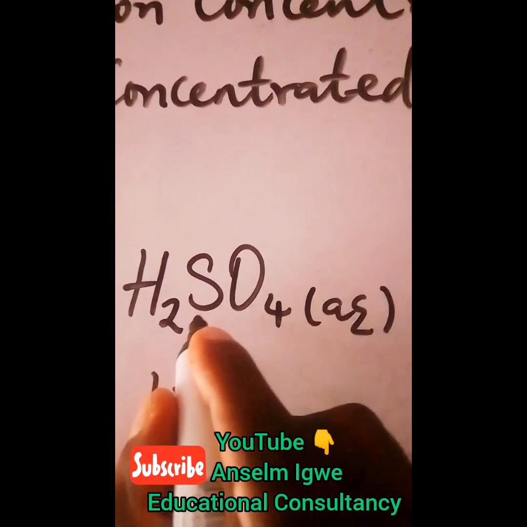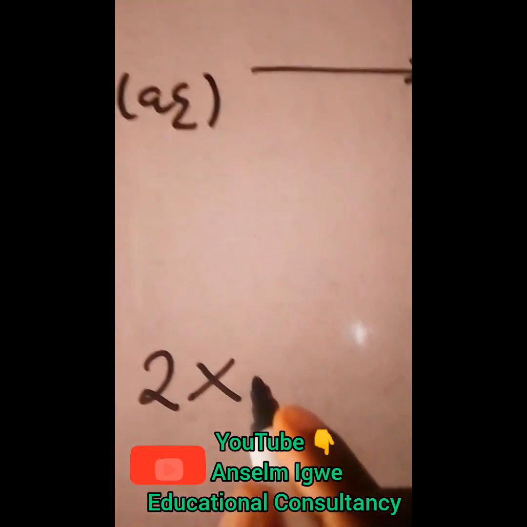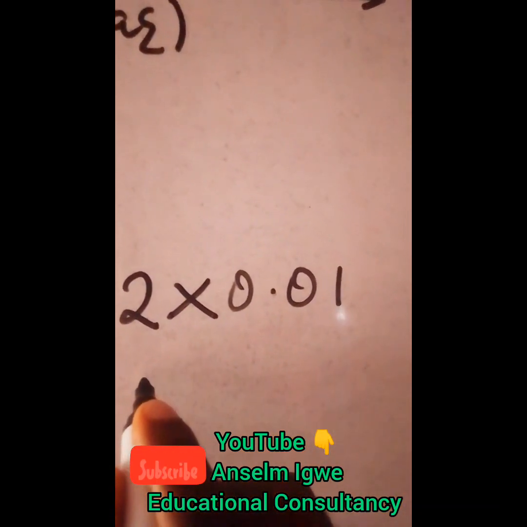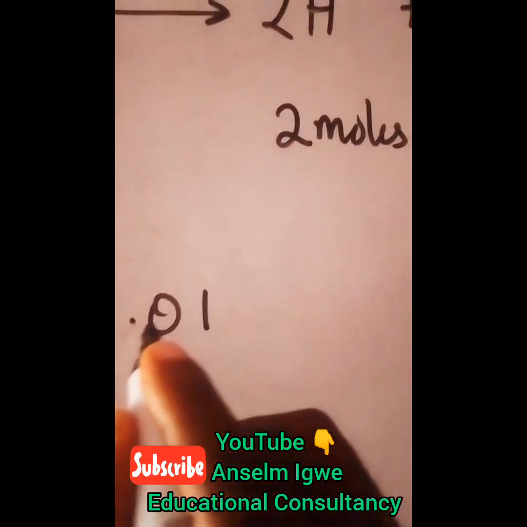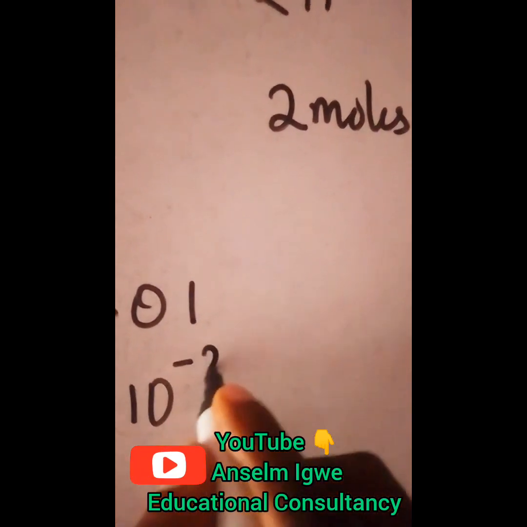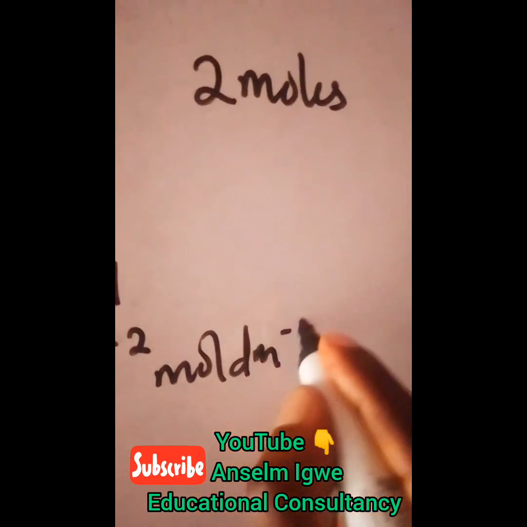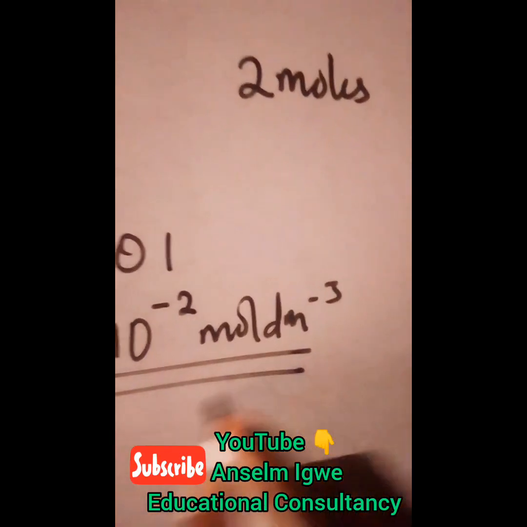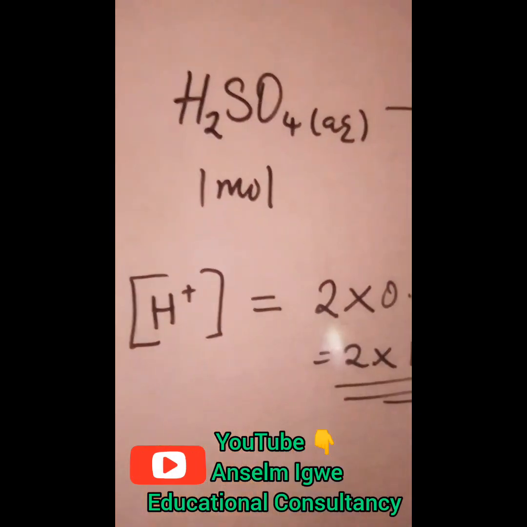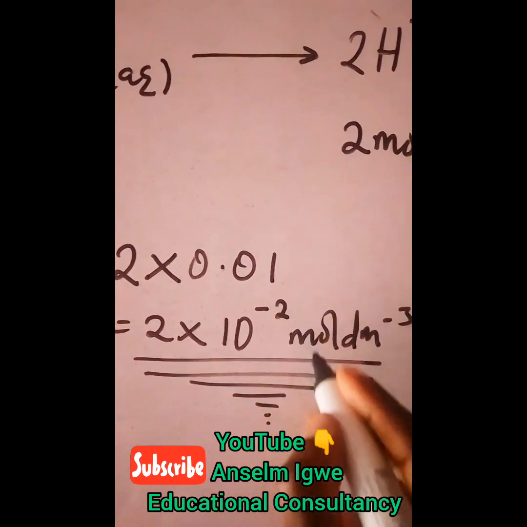Therefore, the concentration of this acid times 2 will give you that of hydrogen, 0.01. So you are going to get 2 times 0.01 means 2 times 10 raised to power minus 2 mole per dm cube. So this is the concentration of the hydrogen.